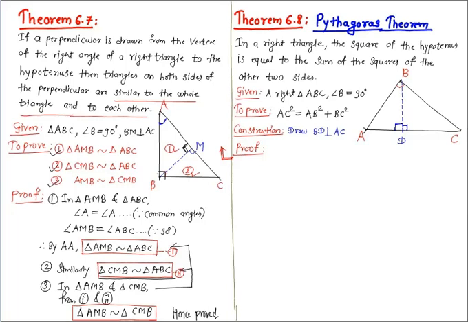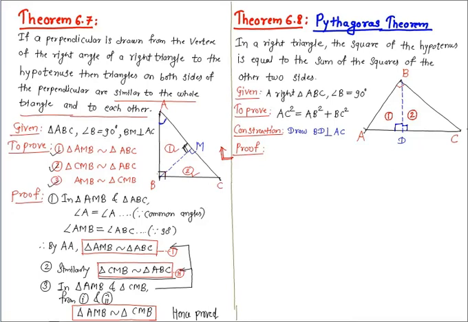So in our triangle ABC, where we have drawn BD perpendicular to hypotenuse AC, we can see the first triangle ADB, which is on one side of this perpendicular BD, and the second triangle BDC, which is on the other side.